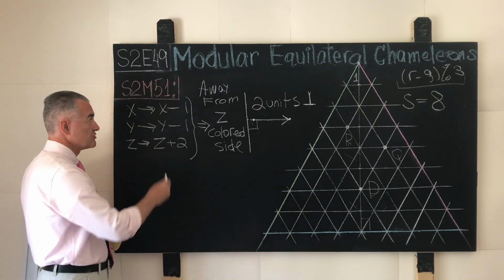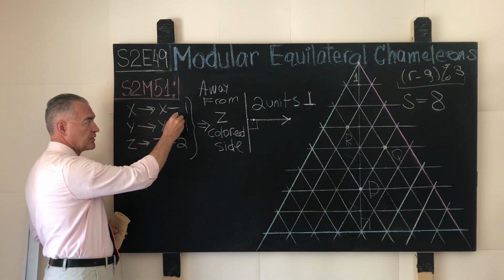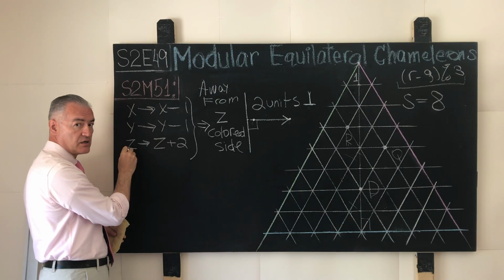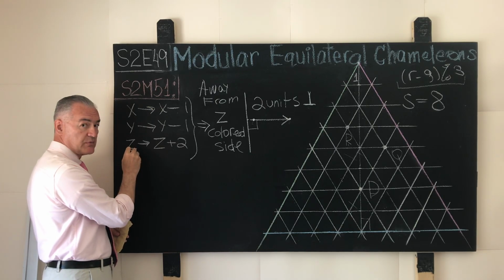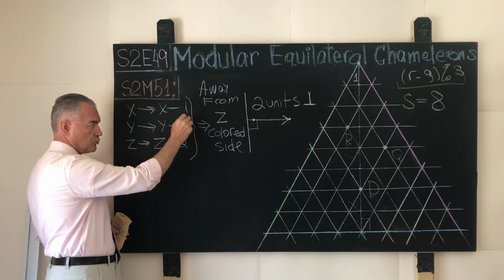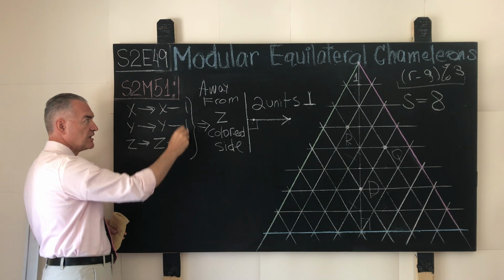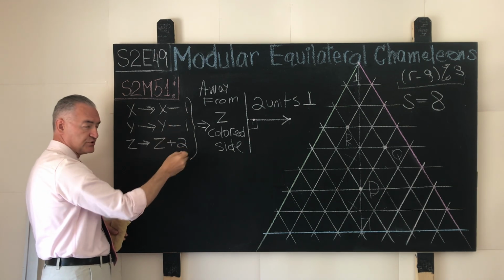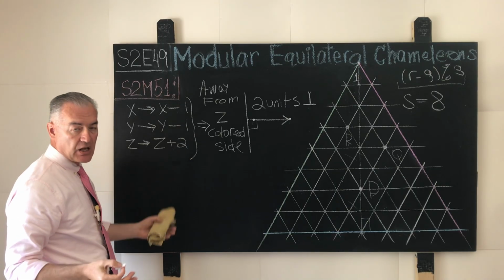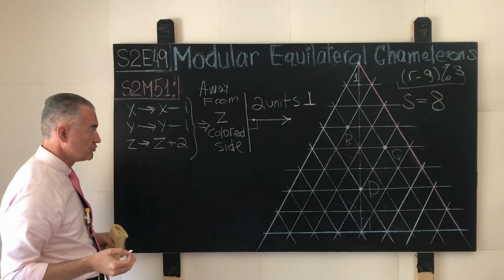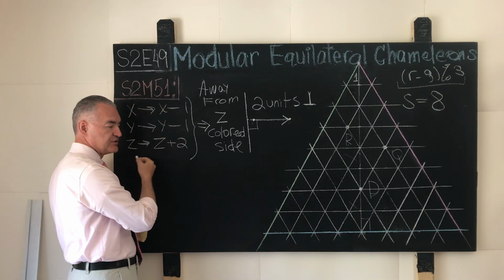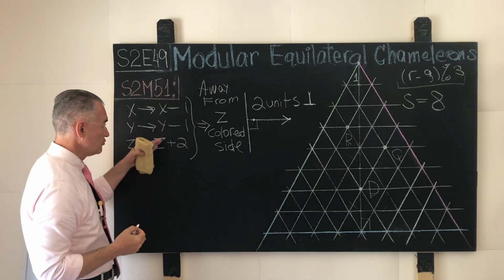That means algebraically X is taken into X minus 1, Y is taken into Y minus 1, and the number of chameleons of the remaining color Z is bumped up by 2, because these 2 are debited from X and Y and credited to Z, so to speak. So this is the algebra of each and every color transforming meeting between any 2 chameleons of our family of distinct colors. What is the geometry of this specific transformation, one transformation?